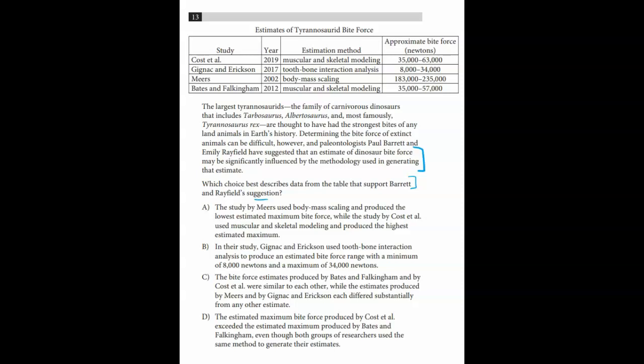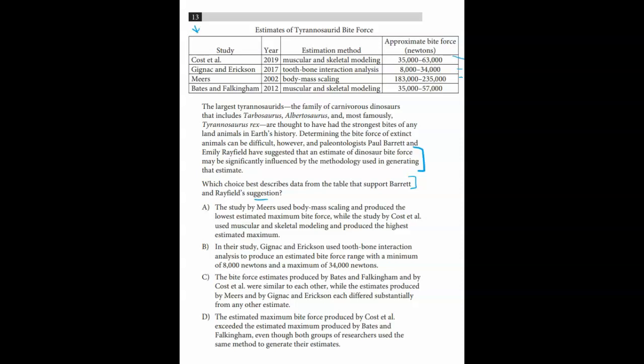So, therefore, if you use different methodology for the same animal, it might be different. So, let's look at the table. Study Costa et al. 2019, muscular and skeletal modeling. Okay, that's the bite force. They used tooth-bone interaction analysis, and that's the bite force. Mears used body mass scaling and came out with a huge bite force.